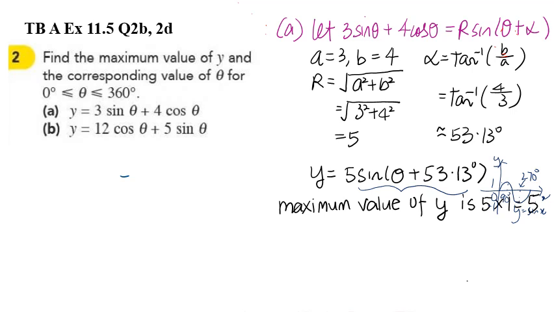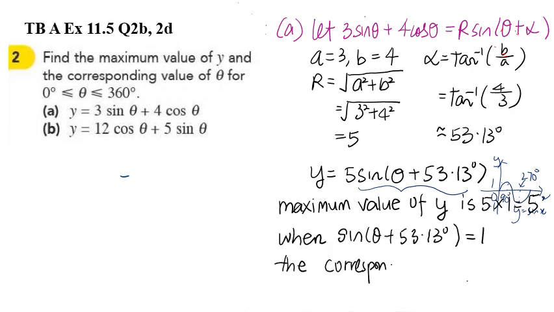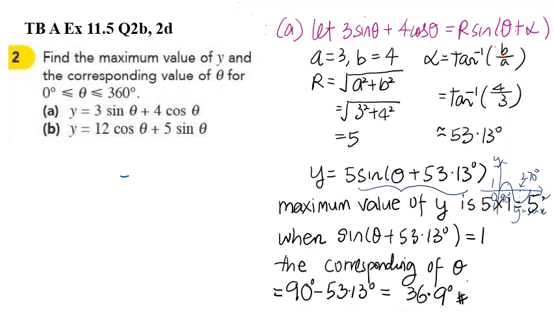To get the maximum y value of 1, the angle must be 90, so theta plus 53.13 degrees must equal 90. Therefore theta is 90 minus 53.13, which gives you 36.9. Because when you substitute theta as 36.9 plus 53.13, you get 90 degrees, and sine 90 is 1.